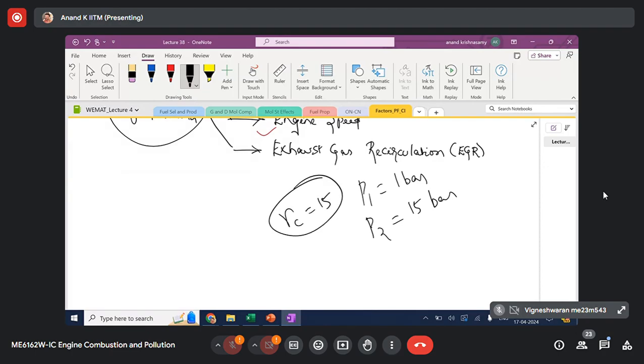No, it is not that way. You are missing something here. Can you tell me what you are missing? Temperature. Not temperature. This is defined based on volume. Yes. And you are directly correlating volume change with pressure change.